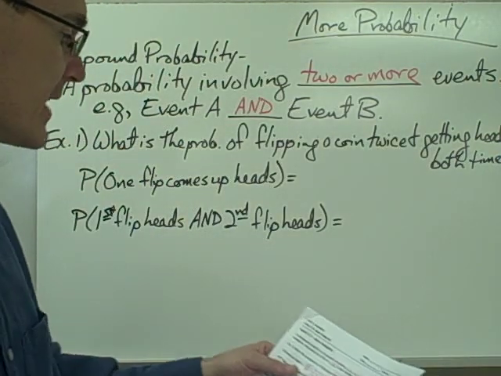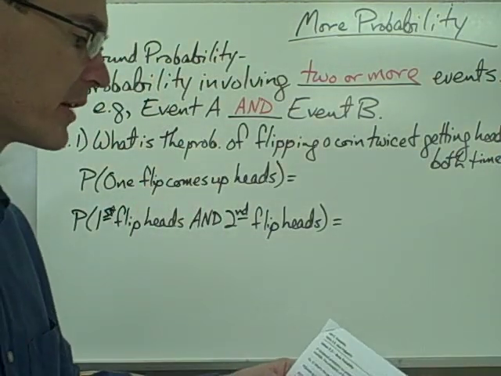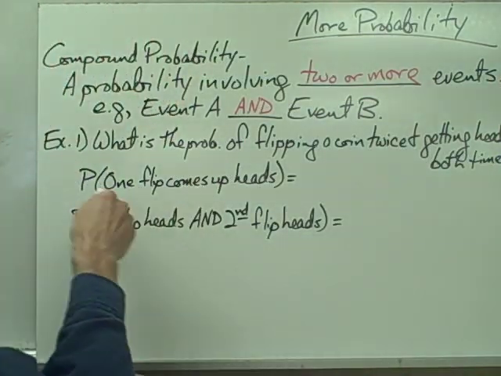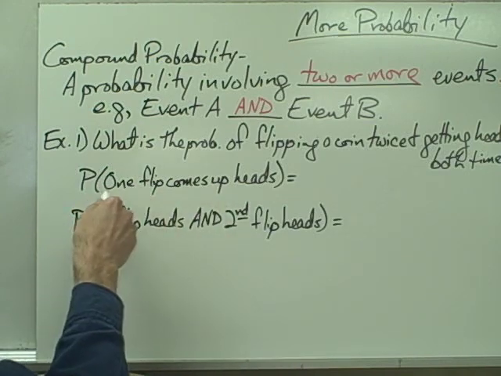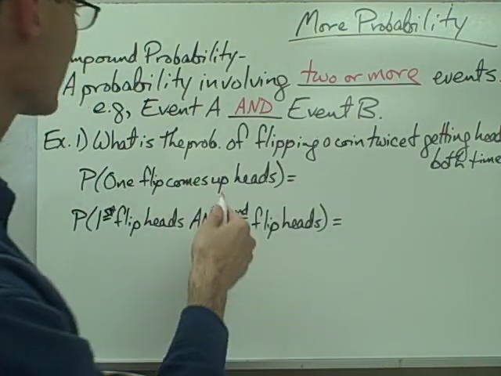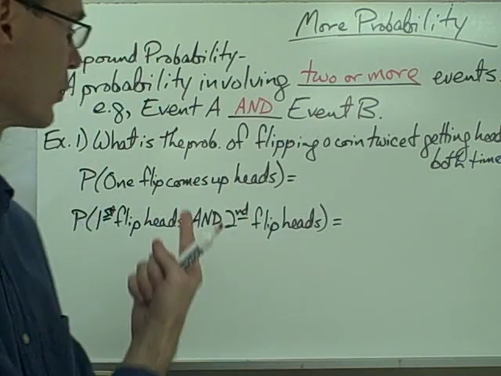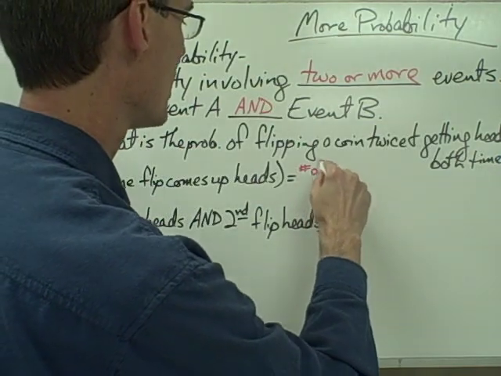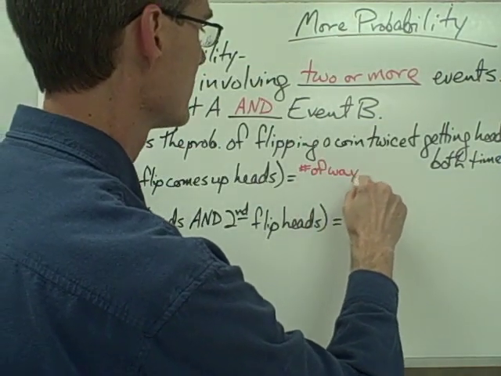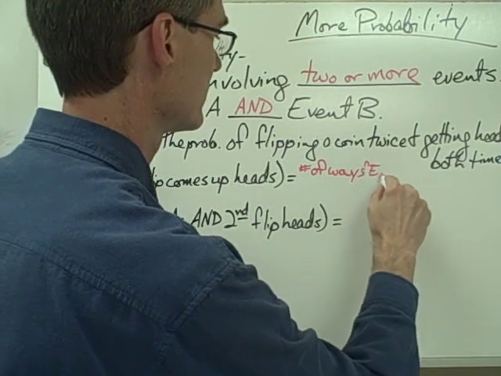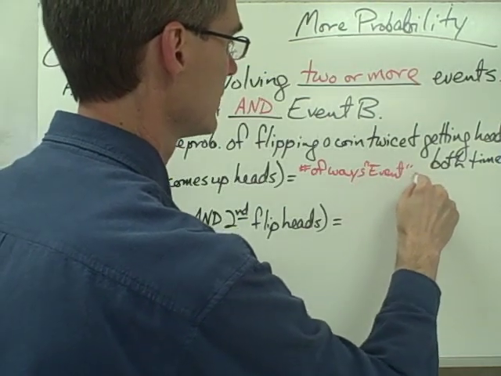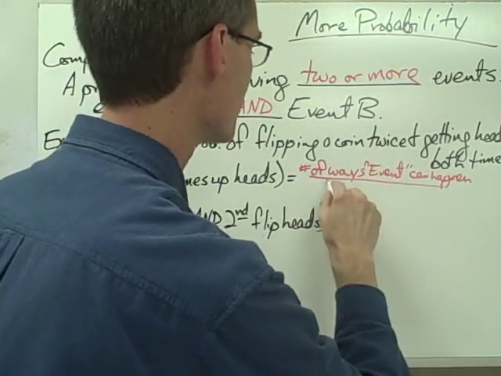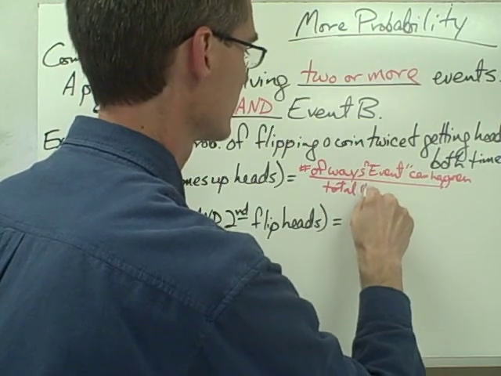So for example number one here says, what is the probability of flipping a coin twice and having it come up heads both times? Well, we've already talked about flipping a coin. If we flip a coin just one time and we want to calculate the probability that that one coin flip will result in heads, then this is just the number of ways that this event can happen divided by the total number of outcomes.